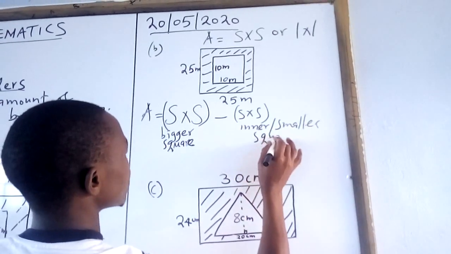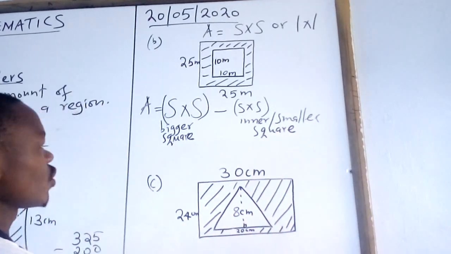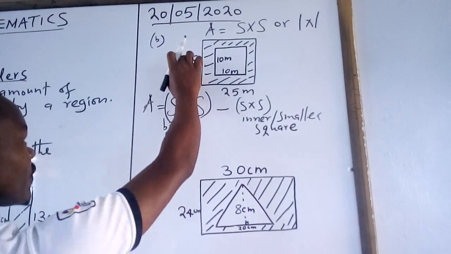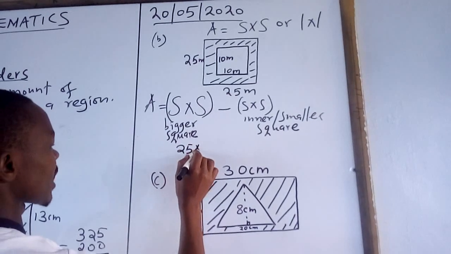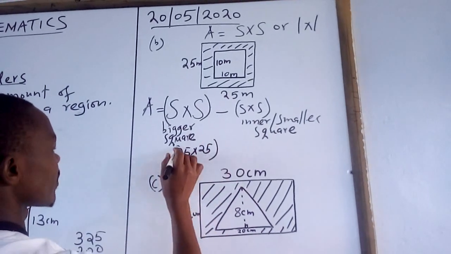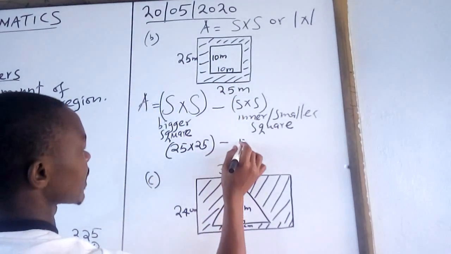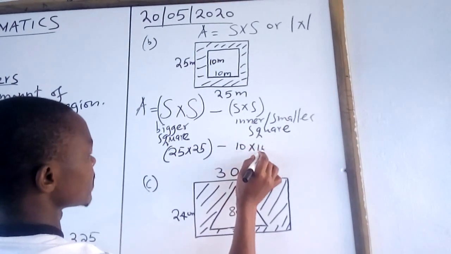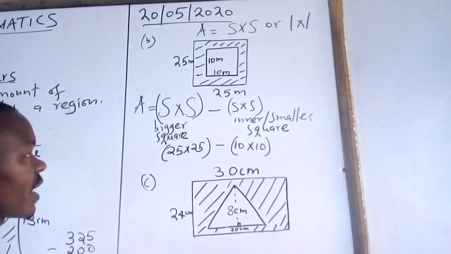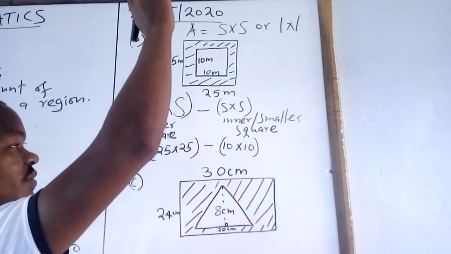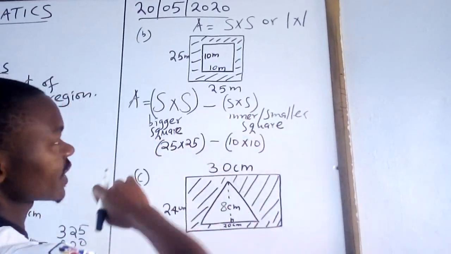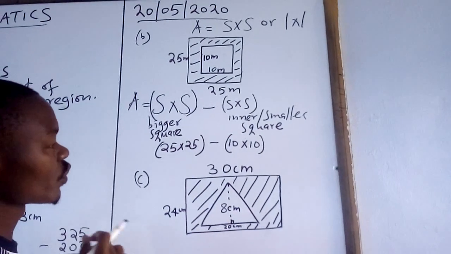So we are going to have 25 times 25 minus 10 times 10. Remember, your answer must be in the unit that you've been given. It must be square unit because area is measured in square units.